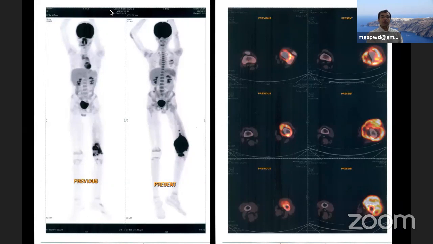You can see in this particular case that there is an increase in the volume and the metabolic activity. So this is a patient who has actually progressed on chemotherapy. This is a particularly bad prognostic sign because, again, patients who don't respond or who progress on chemotherapy do not have a good survival.